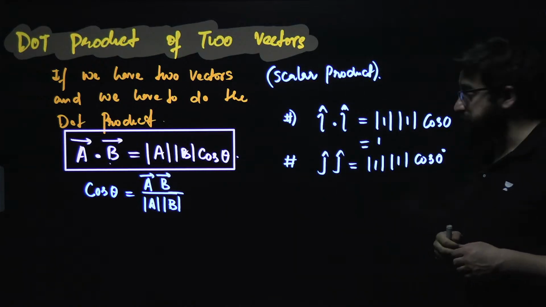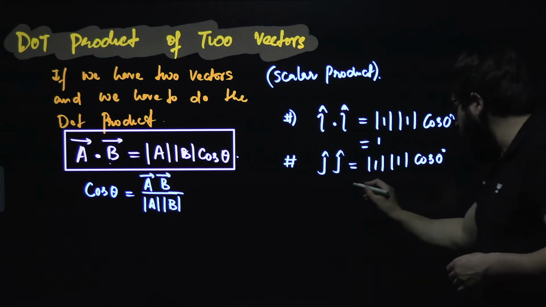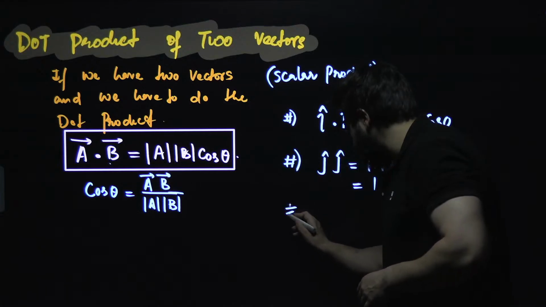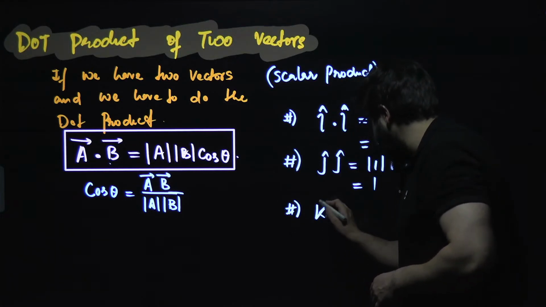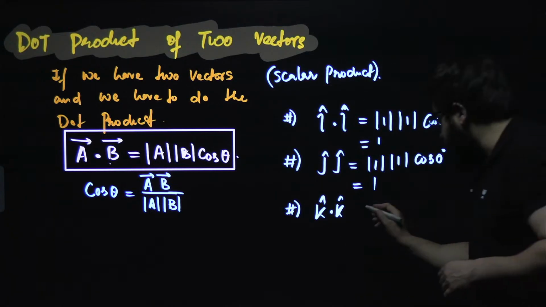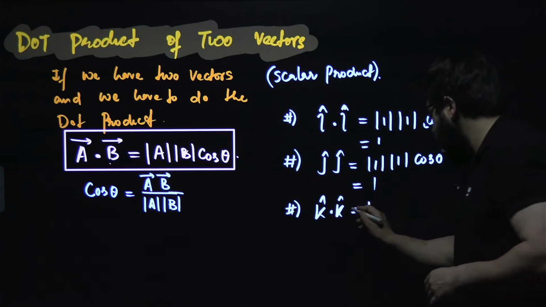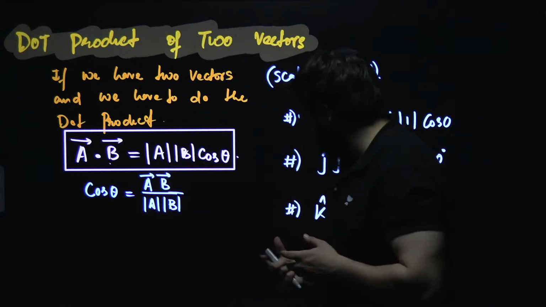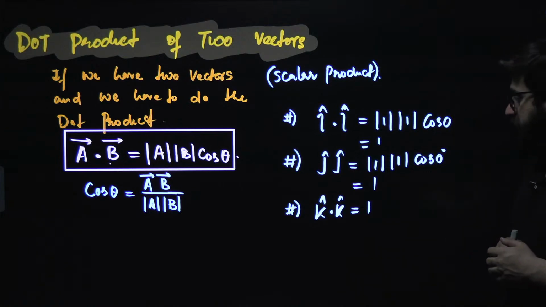So it will also be 1. Similarly, k vector dot k vector will also come out to be 1. K dot k is 1, I dot I is 1, j dot j is 1. You need to keep this in your mind.